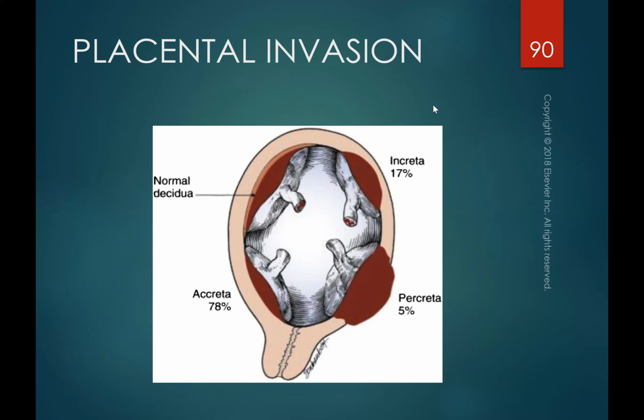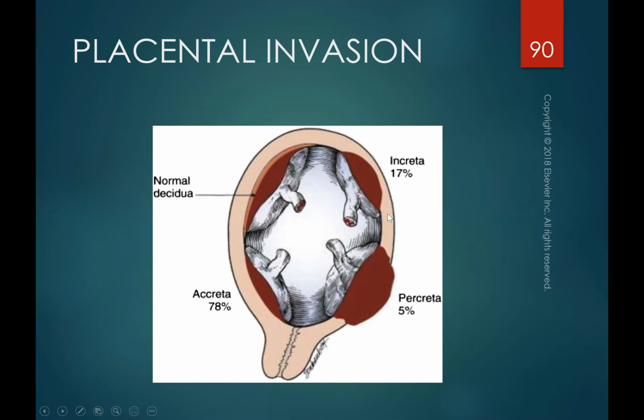This is an image of the different invasions. The accretas are most common, which is good because it's still not great, but it's better than the other forms.